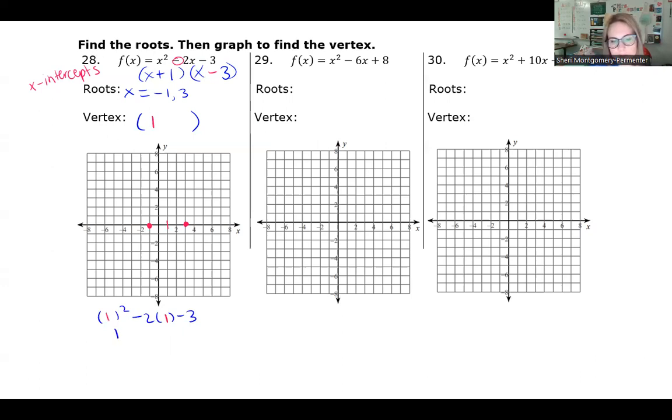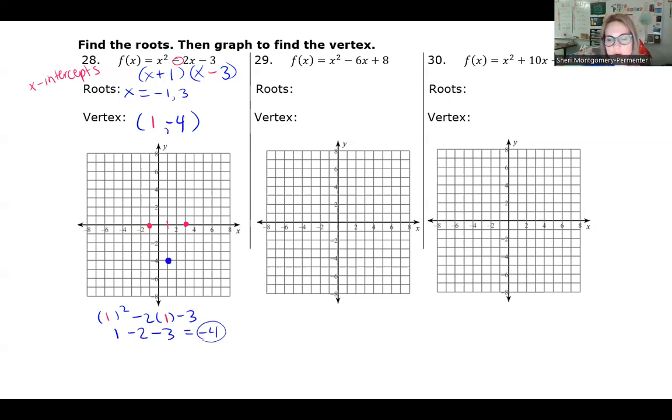And then 2 times 1 is -2 and then -3. So what's 1 minus 2 minus 3? -4. So we take that -4 and it's what goes here. And we can use that to plot down there at -4 and it helps us make our graph.